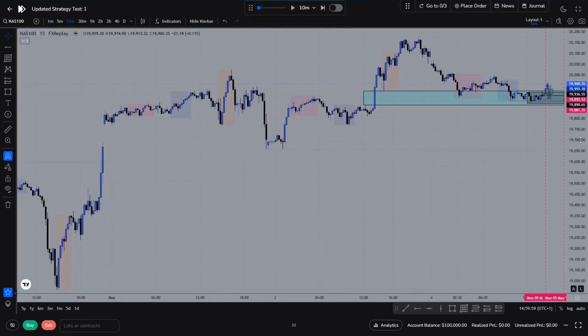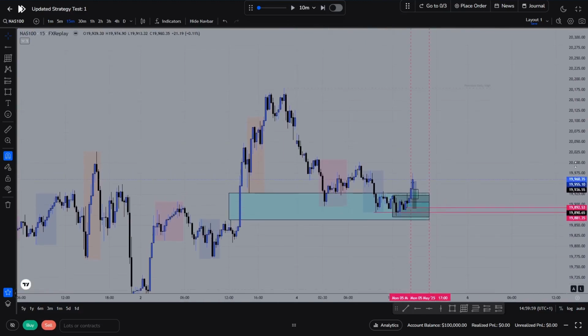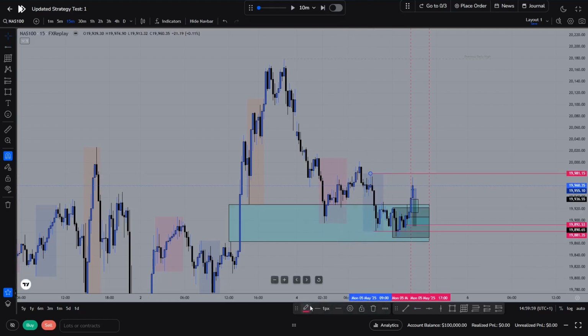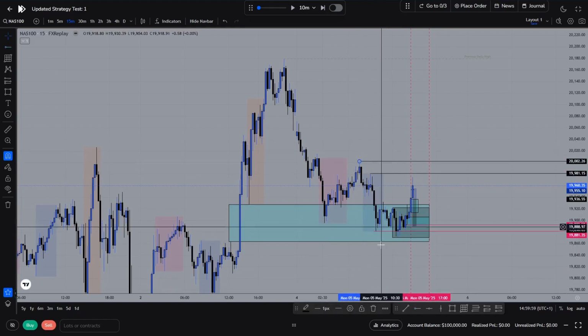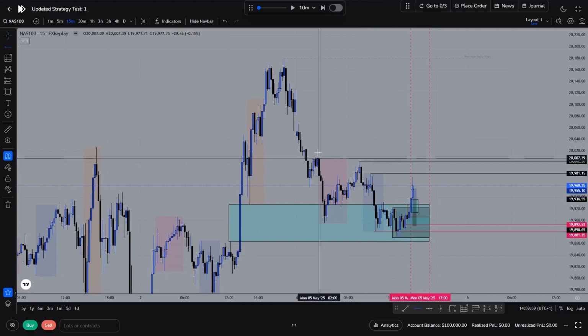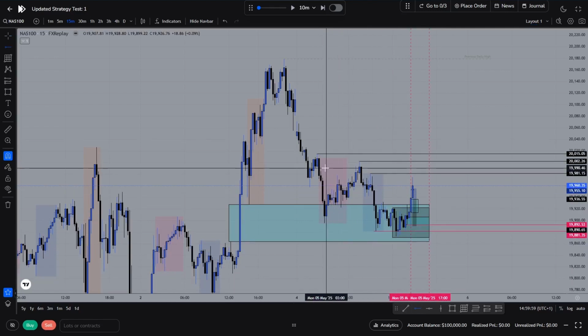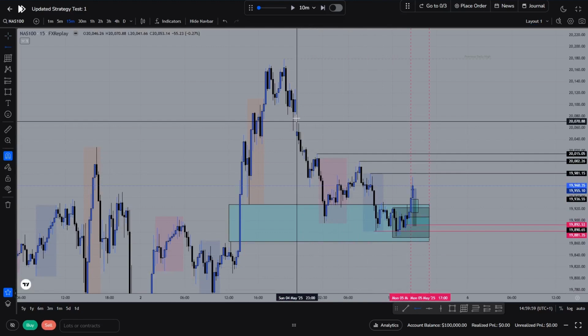3-minute. Let's mark out all the draws on liquidity: session highs, swing highs, equal highs, all of that good stuff. Would want that high as well. That's a gap.